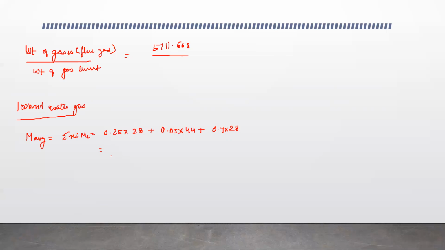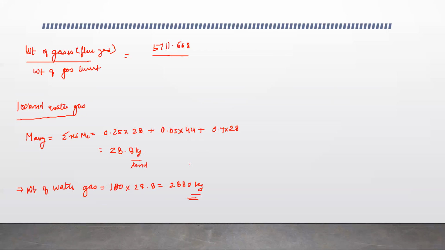This average molecular weight comes to 28.8 kg per kilomole. Therefore, the weight of water gas is 100 moles into the molecular weight, that is 2880 kg.